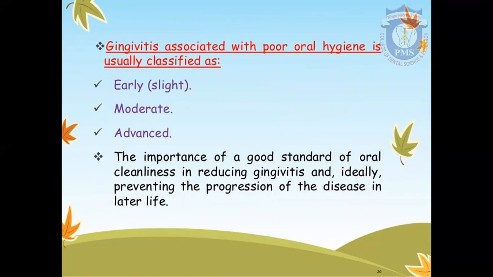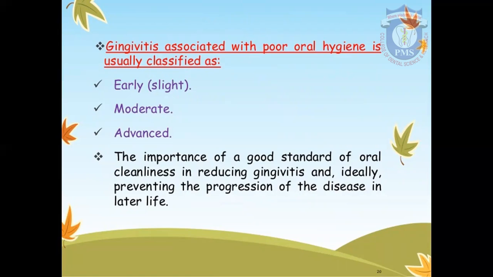Example, mild if less than 10%, moderate if it is between 10 to 30%, and severe more than 30% sites, or based upon grading, graded from 1 to 5. The gingival index by Loe also can be used to describe the intensity of gingival inflammation as mild, that is area with a minor change in color and little change in the texture of the tissue.